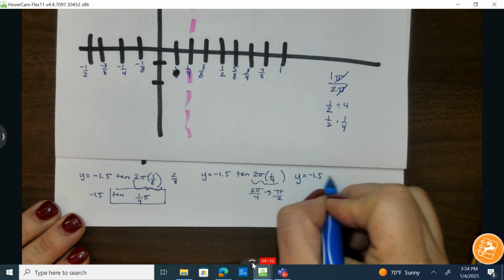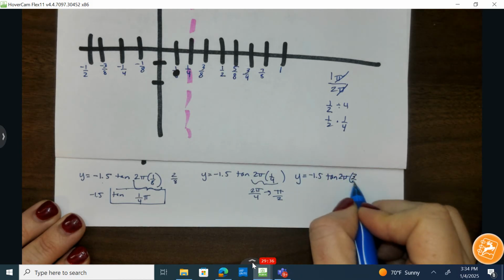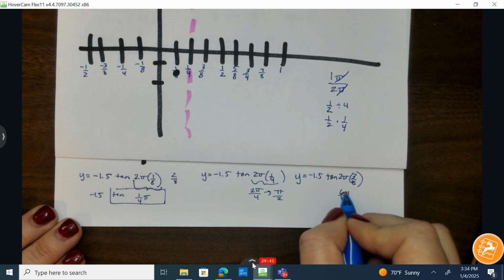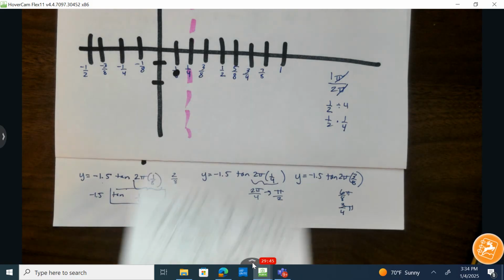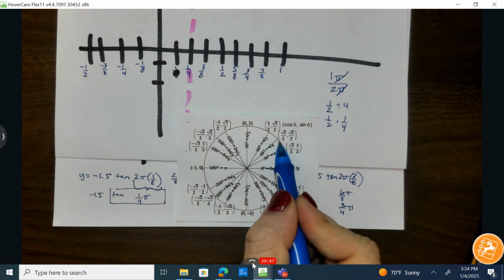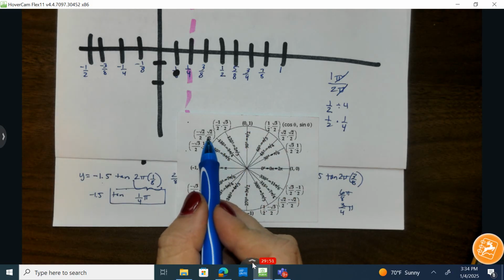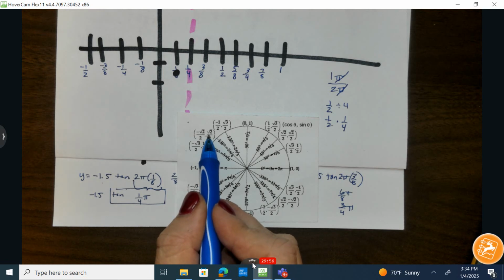So we have -1.5, tangent of 2 pi, and now I'm going to take it times 3/8. So 2 times 3 is 6. And 6 divided by 8 reduced is 3/4. Notice there's 45, another 45, another 45. Hope you're catching on to that pattern. So sine divided by cosine, they're exactly the same values, just one's positive, one's negative.